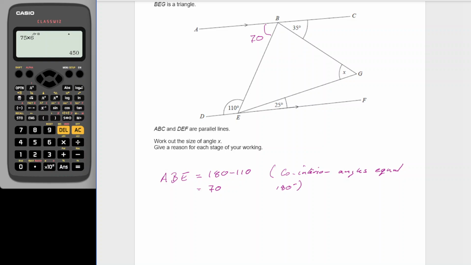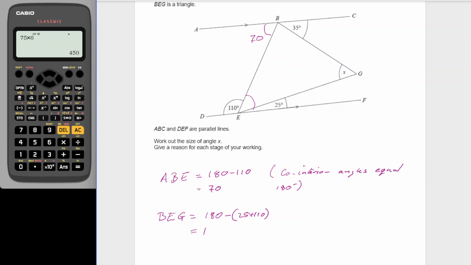Right, I'm then going to say that this angle here, BEG, is going to be equal to 180 minus 25 plus 110. I was just seeing whether there was actually a bit of a shortcut I could use, but I can't quite spot it.